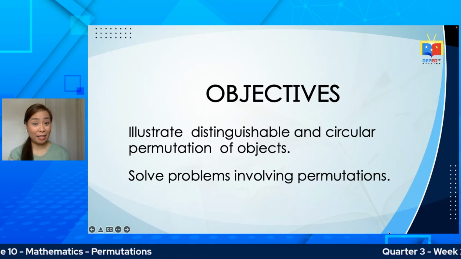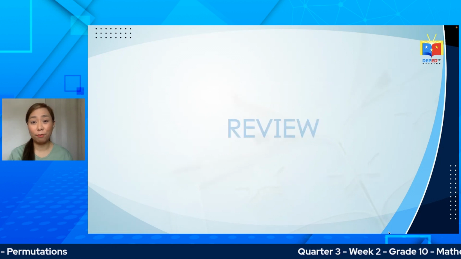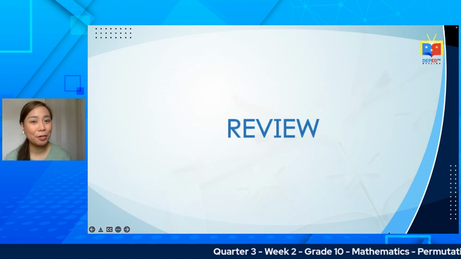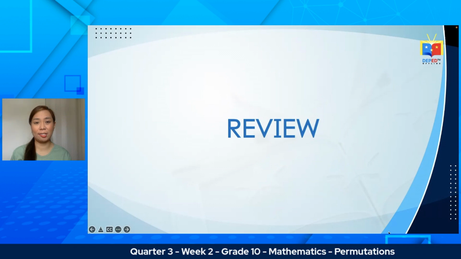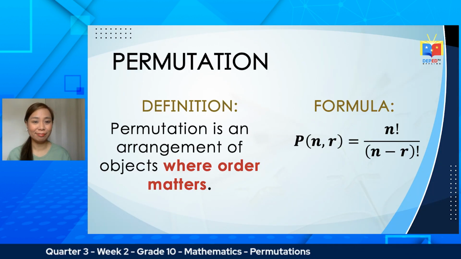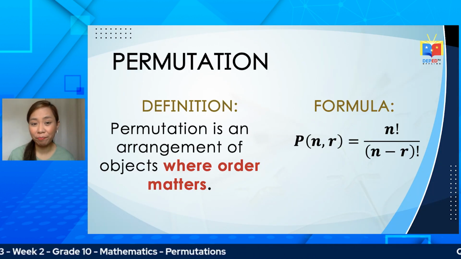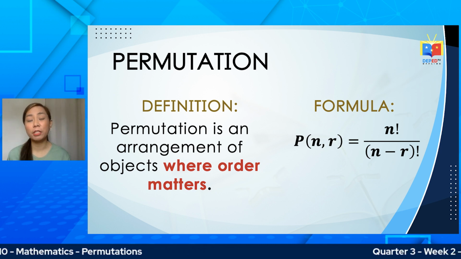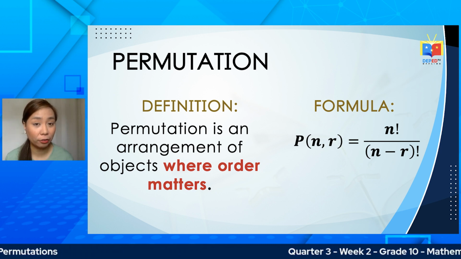Now I know you are excited for these lessons, but before we move on, let's have first a review of what we have discussed. Remember permutation? Permutation is an arrangement of objects where order matters.